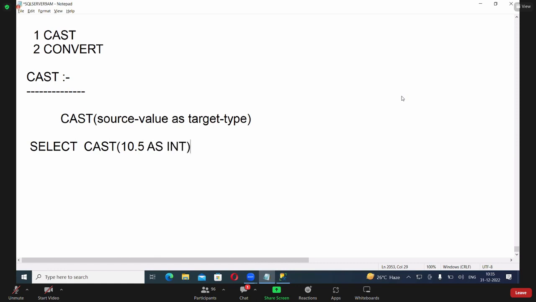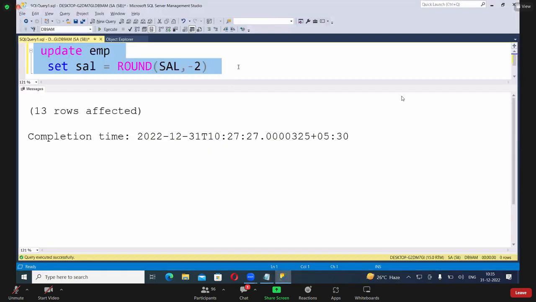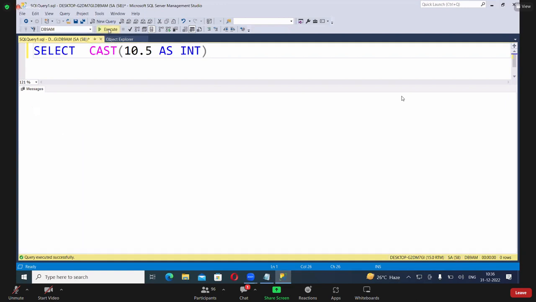What output will we get? You'll get 10. Because 10.5 is converted into integer type, and an integer does not contain a decimal, the output is 10.